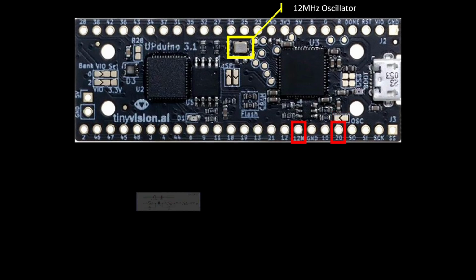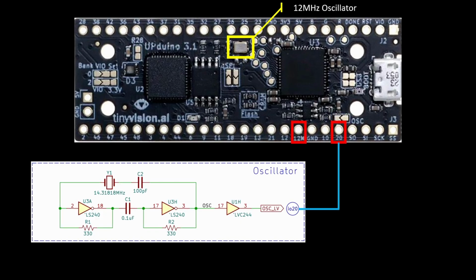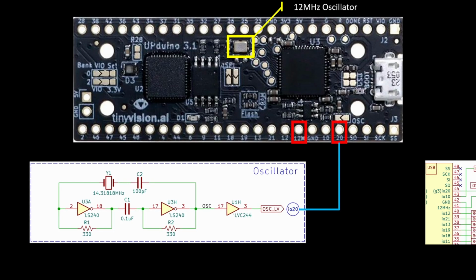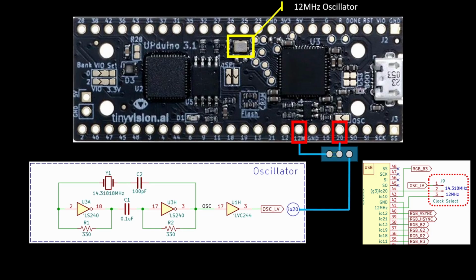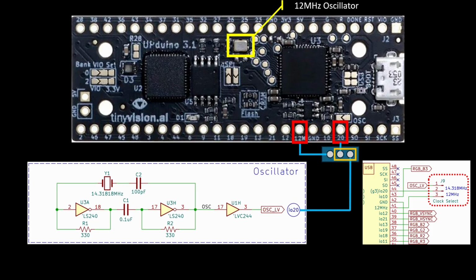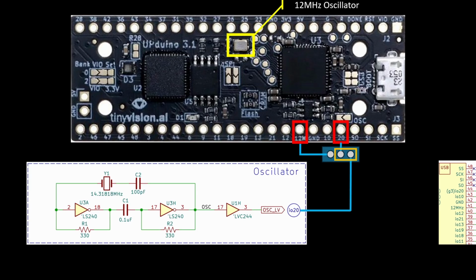I purposefully used pin 20 for our 14.318 MHz external oscillator in case we wanted to use the short. I prefer to use an external jumper so we can switch between the two, and that's what I put on the breadboard. 12 MHz is pretty far from 14.318, so we can't just swap it, it won't work.